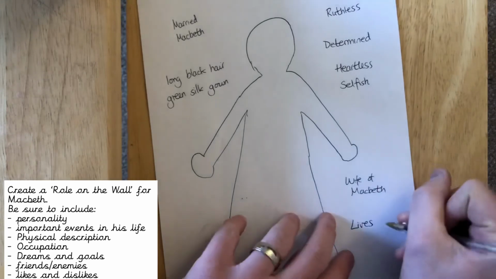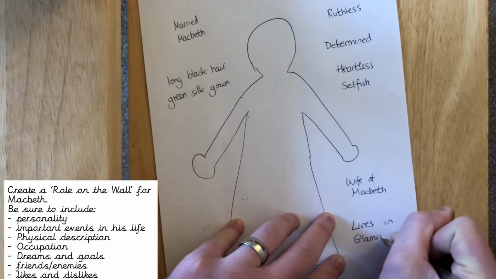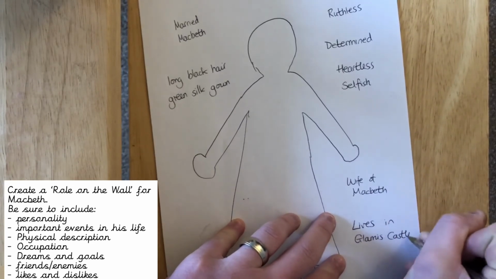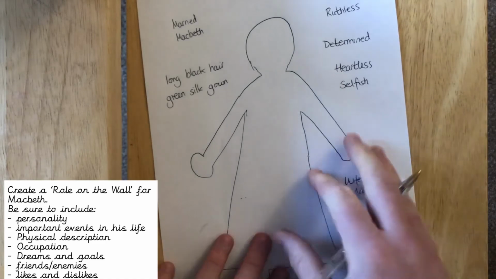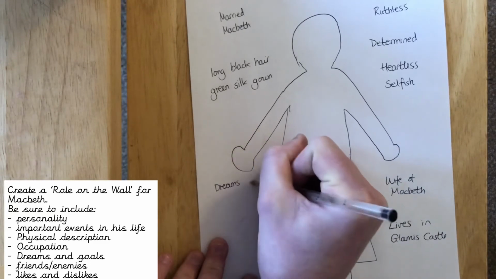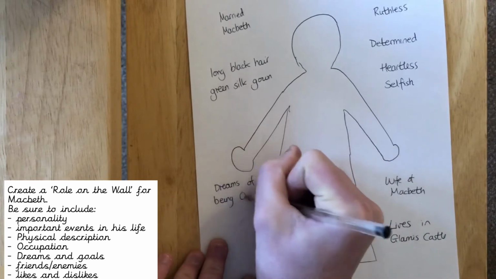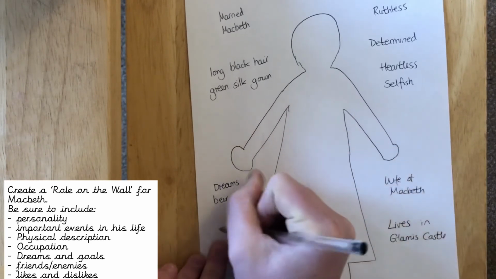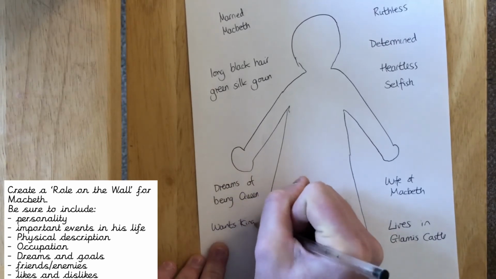Glamis Castle. She dreams, I guess, of being queen, because she's desperate for her husband to become king. Once King Duncan is dead.